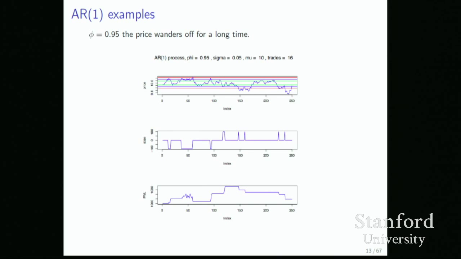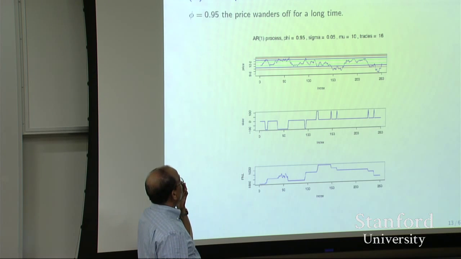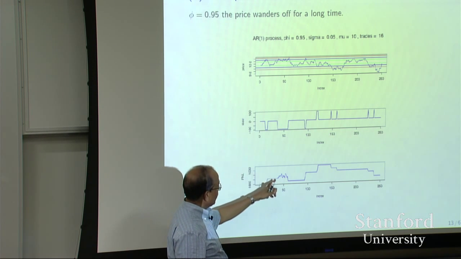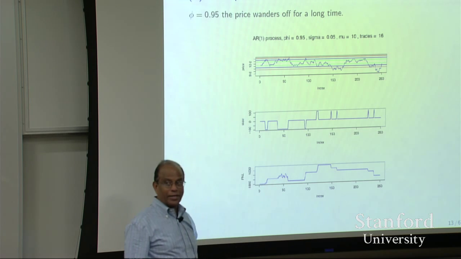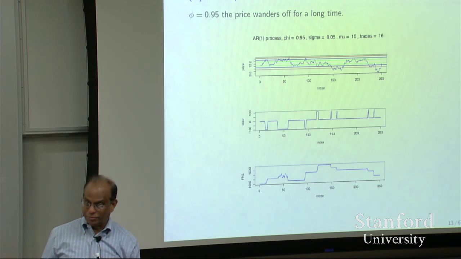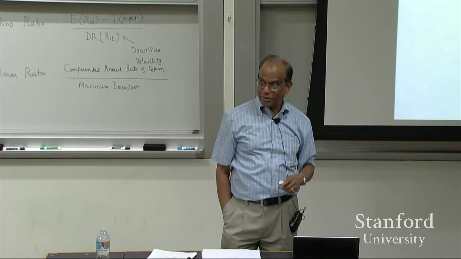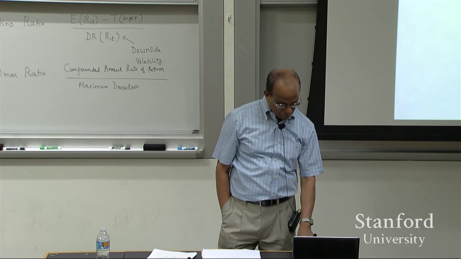That is the actual data, and the red lines are the trade exit rules and the blue lines are the trading rules. If you look at this profit and loss function, can you see that it's very uneven? It goes up and down. The number of trades is 16 when pi is 0.95.